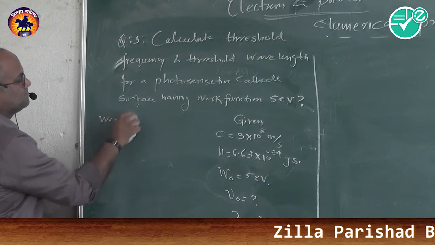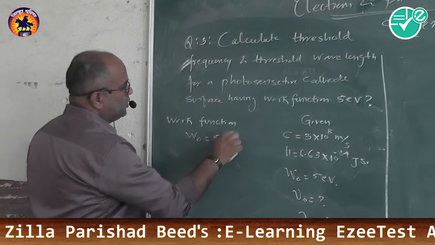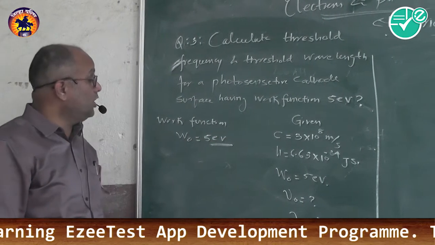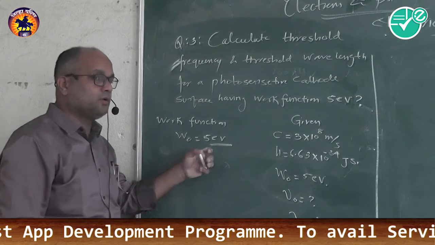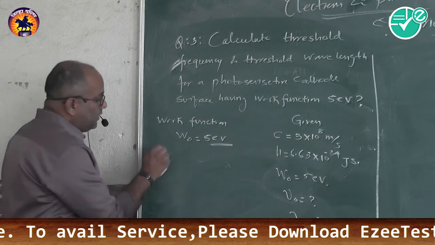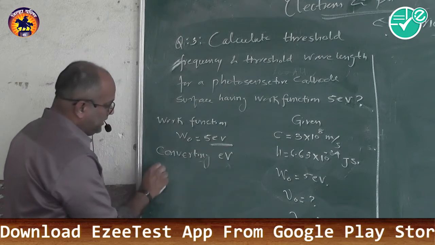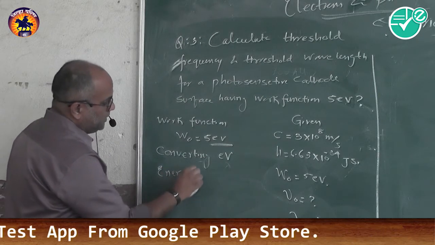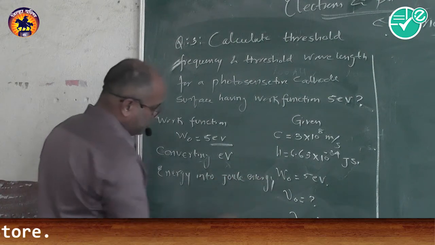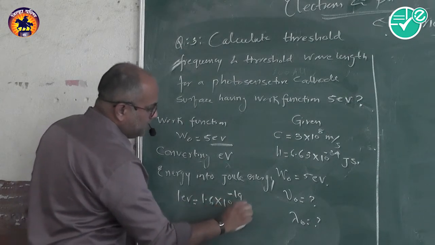Work function W0 is equal to 5 electron volt. What is the unit? Electron volt is the unit in SI system? No. Converting electron volt energy into joule energy, that is 1 electron volt is equal to 1.6 into 10 raised to minus 19 joule.